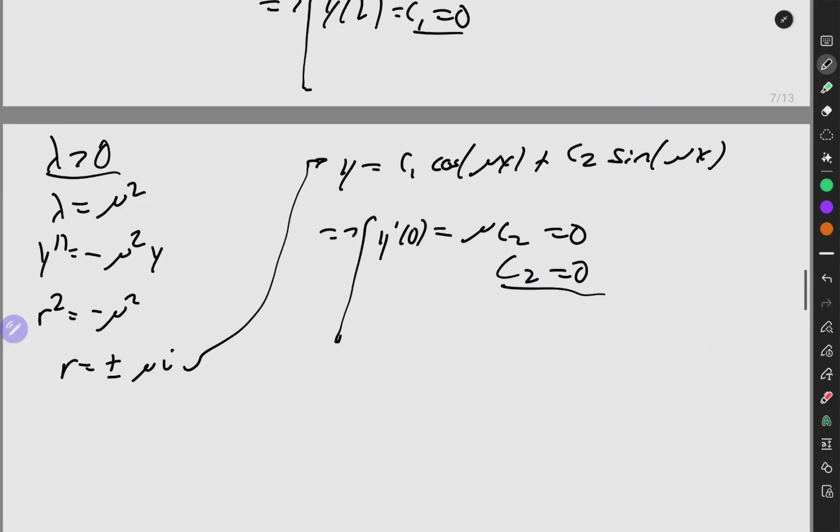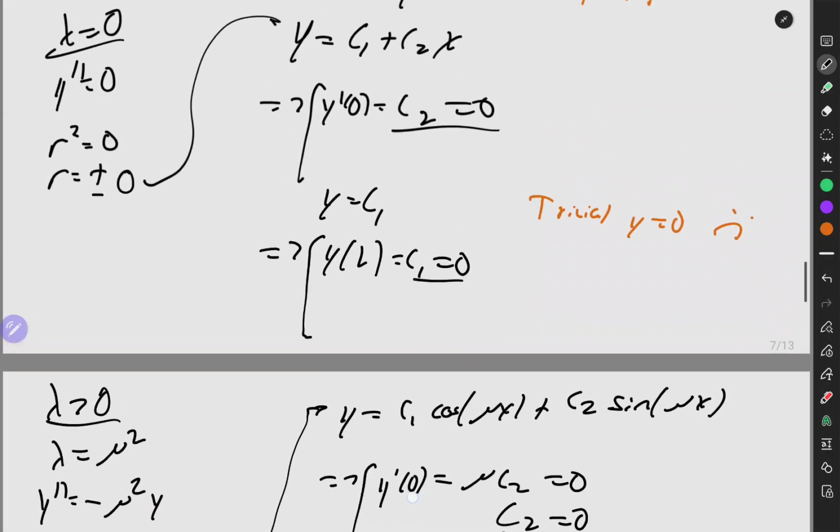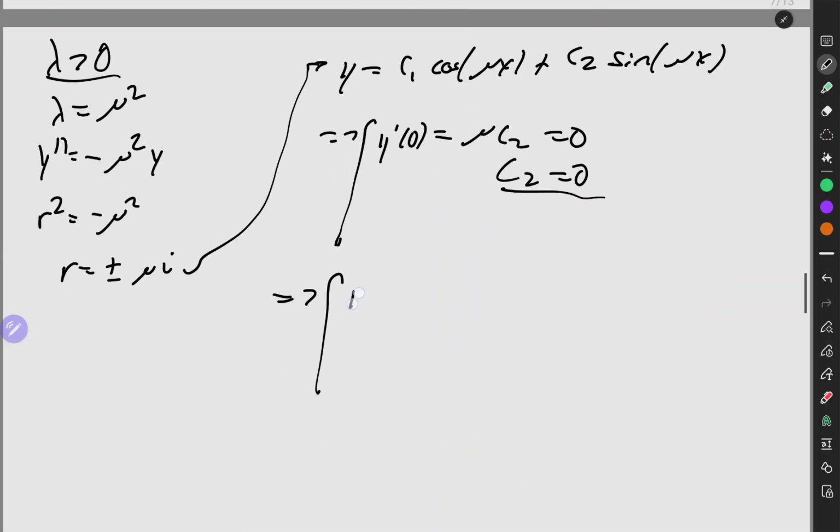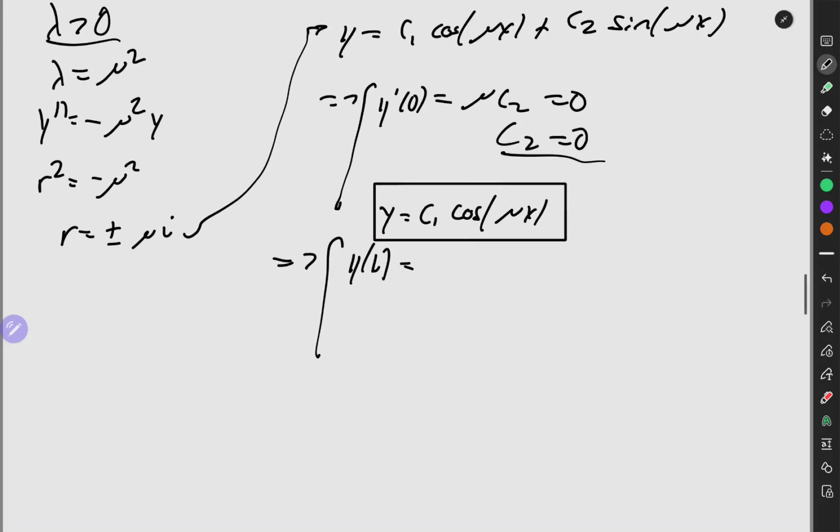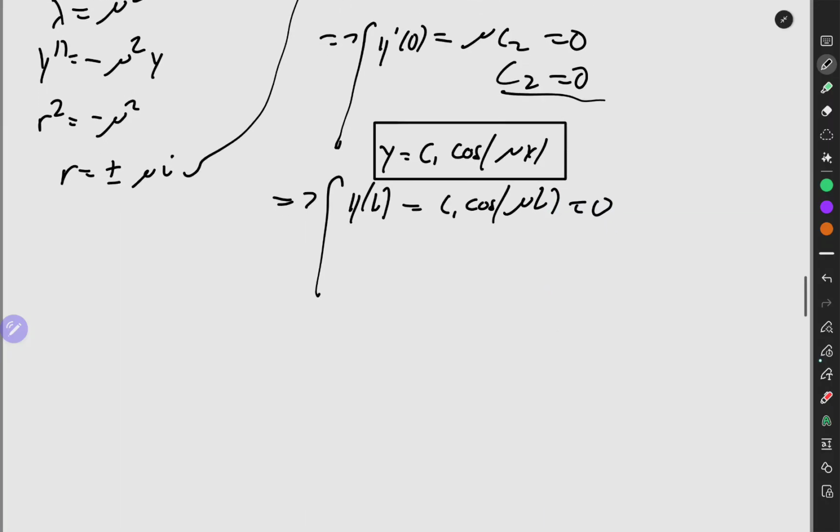C2 is 0. Let's see. What's left? Y of L? Well, I forgot to rewrite this. This is clearly our eigenfunction, by the way. It's the only thing left that it has to be. C1 cosine mu L equals 0. Yeah, so this is definitely non-trivial.